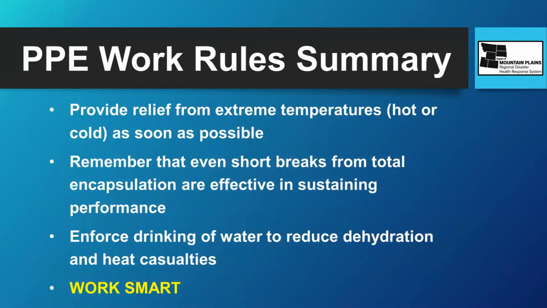Provide relief from extreme temperatures. Short breaks are effective in sustaining performance. Enforce rehydration. Enforce getting people out of the PPE so that they can rest from the heat and rehydrate. And as the slide says, work smart.